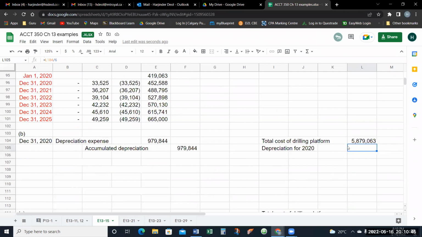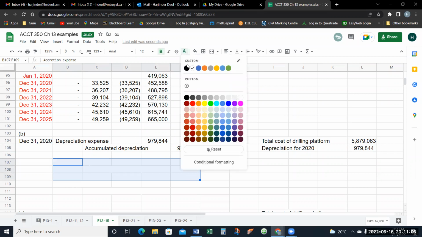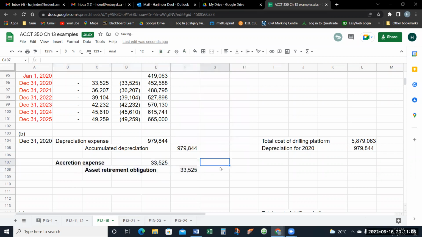So total cost of the drilling platform works out to 5,879,063. And because there's 6 years remaining, that amount divided by 6 gives us annual depreciation of 979,844. Now, I also mentioned we record the accretion expense. So we go ahead and debit this accretion expense, and we credit the asset retirement obligation.